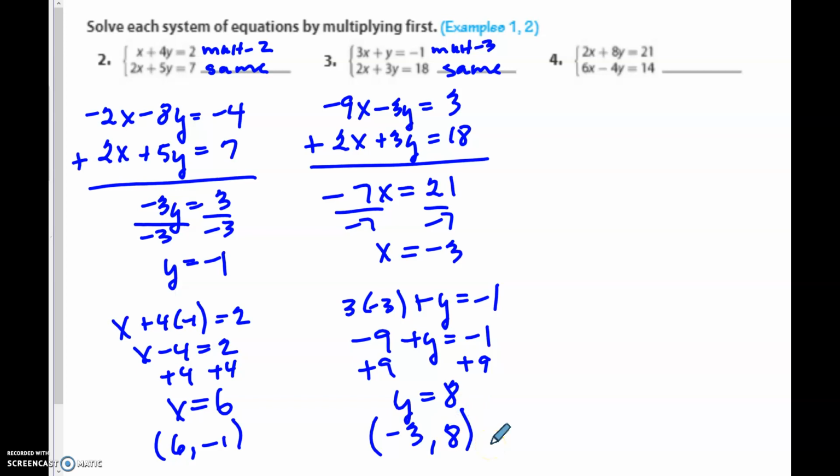All right, number 4. Let's see here. I can multiply the top one by a -3, or I can multiply the bottom one by a 2. So what I think I'm going to do is keep this one the same, and I'm going to multiply this one by 2. So this is 2x plus 8y equals 21, so I'm keeping that one the same, and I'm going to multiply everything on the bottom by 2.